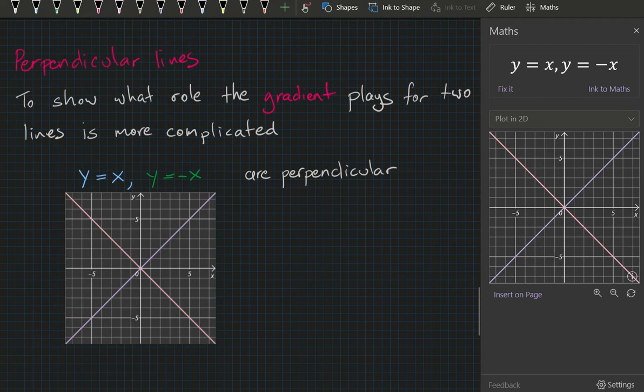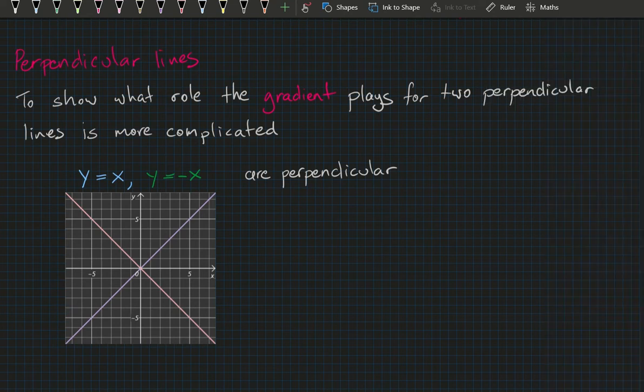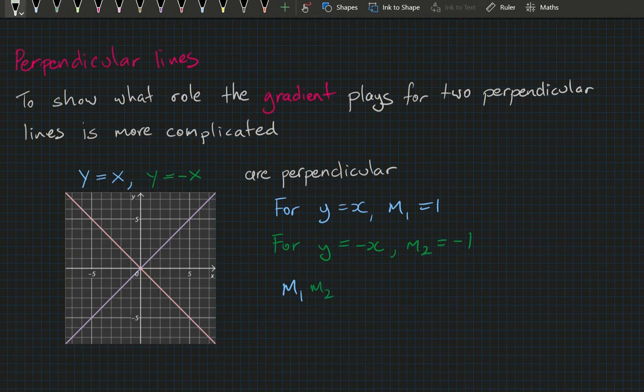Now you can see these two lines are perpendicular. For y equal to x, m1, its gradient, is equal to 1. And for y equal to negative x, its gradient, m2, is equal to minus 1. And m1 times m2 is equal to 1 times minus 1, which equals minus 1.